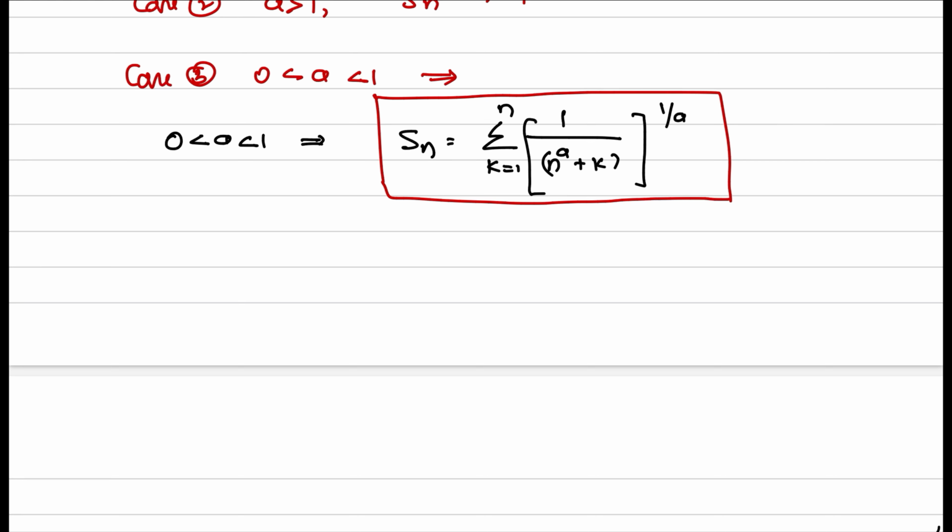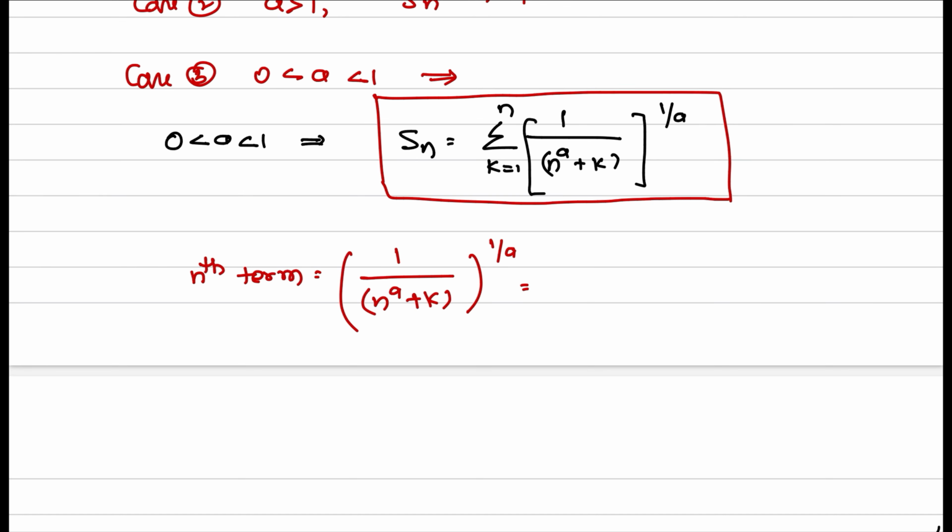The value of any nth term in the series is 1 by (n to the power of a plus k) to the power of 1 by a.